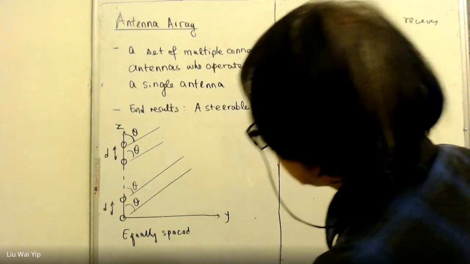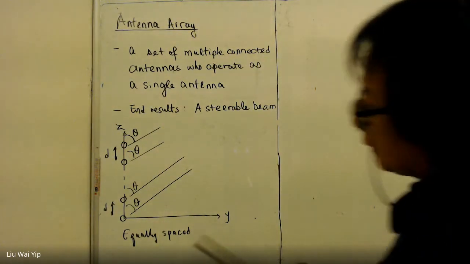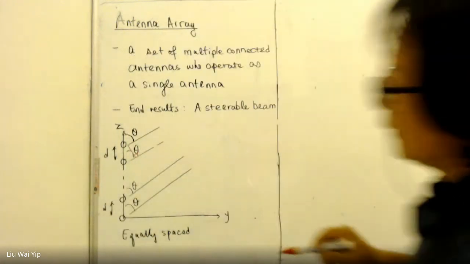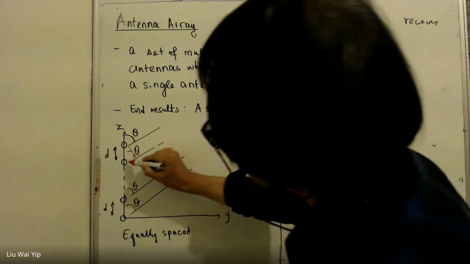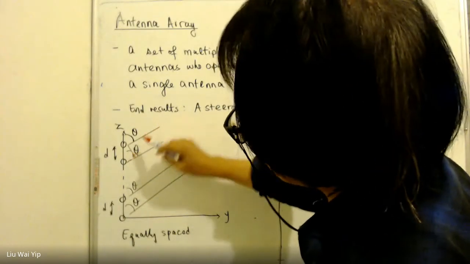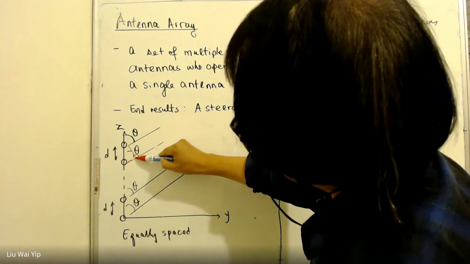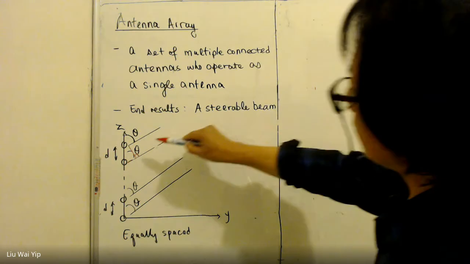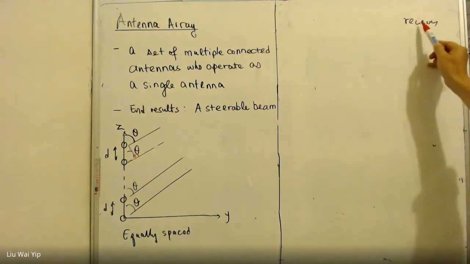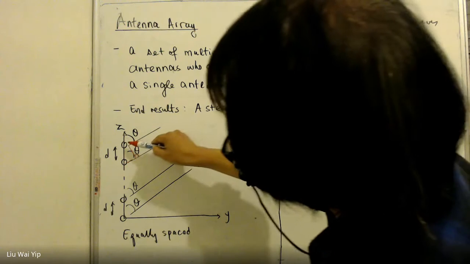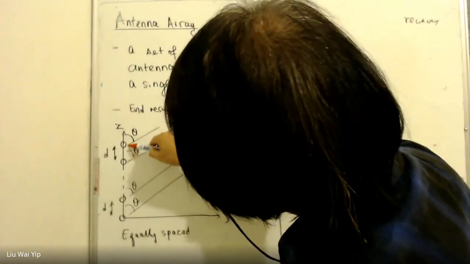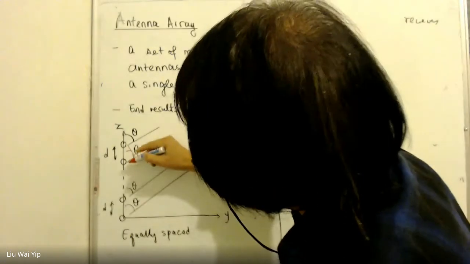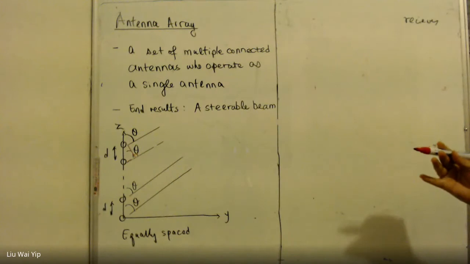In this case, the phase difference can be calculated according to the right angle triangle here. Starting from this point, the distance between here and the receiver will be exactly the same as between this point and the receiver. So the difference here will determine the delay.